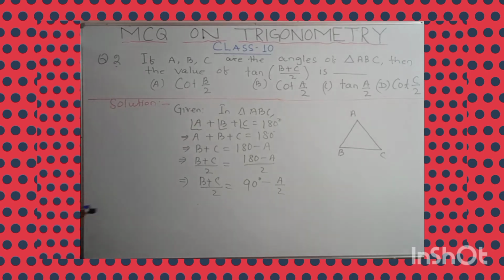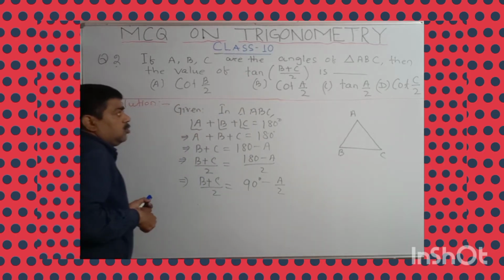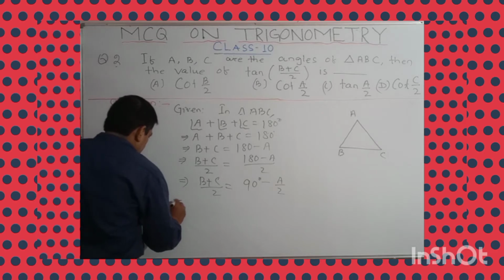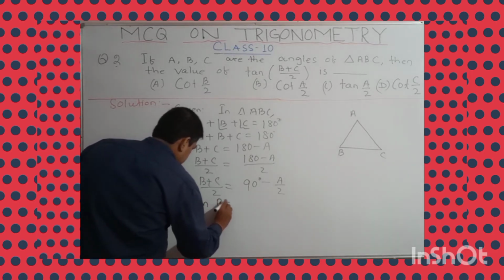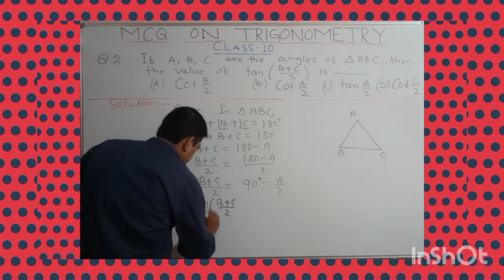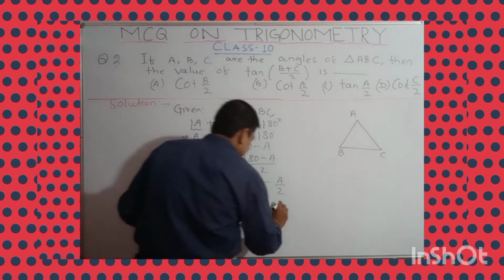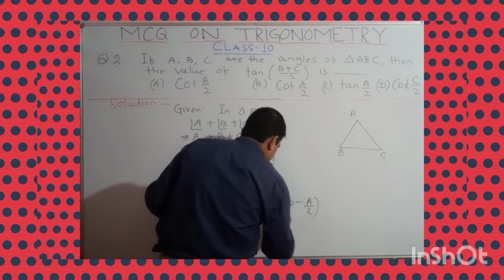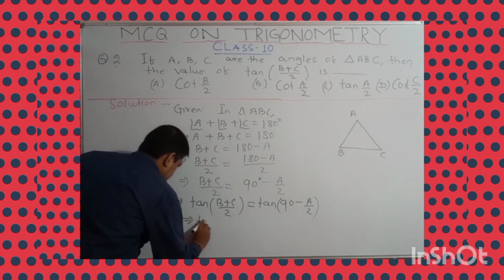Now let us put tan on both sides. So tan (B plus C) upon 2 is equal to tan (90 degree minus A upon 2).